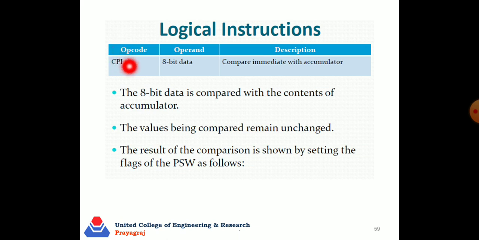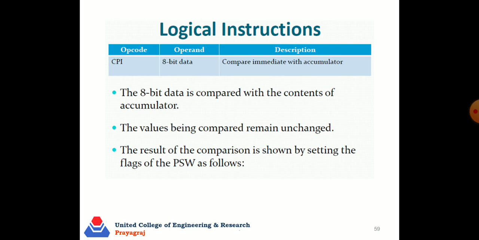So CPI compares with immediate 8-bit data. Here the operand is not a register, the operand is 8-bit data. So the accumulator is compared with the 8-bit data. It is a 2-byte instruction, 1 byte for opcode and another byte for operand.